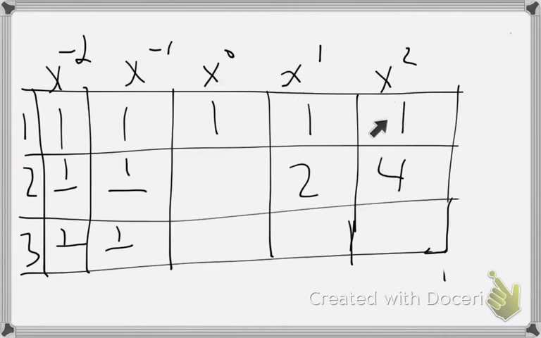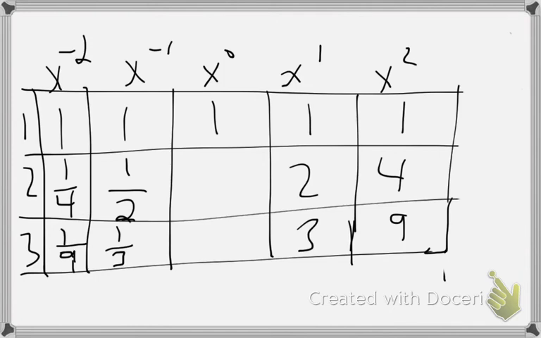So 2 to the second power is 4, so 2 to the negative second power is 1 over 4. 2 to the first power is 2, so 2 to the negative first power is 1 over 2. And same thing with the 3's. We have 3 and 9, so this is 1 over 3 and 1 over 9.